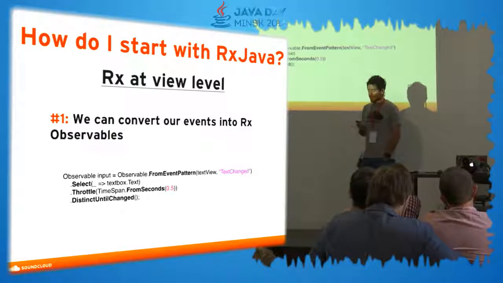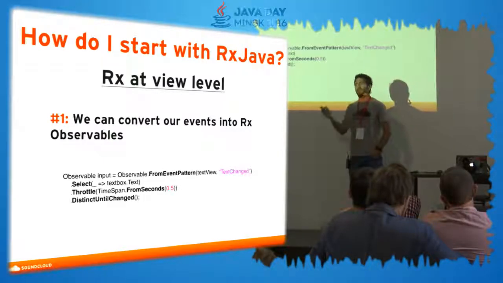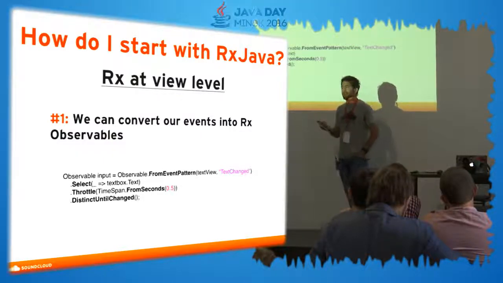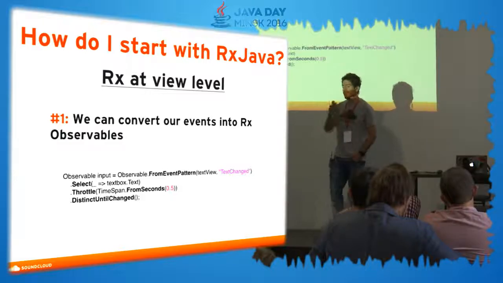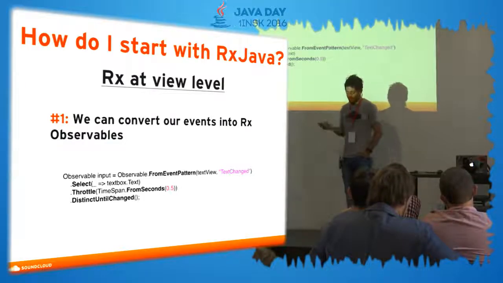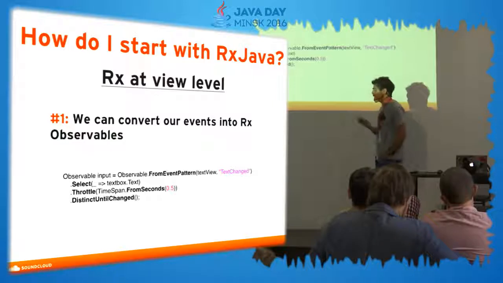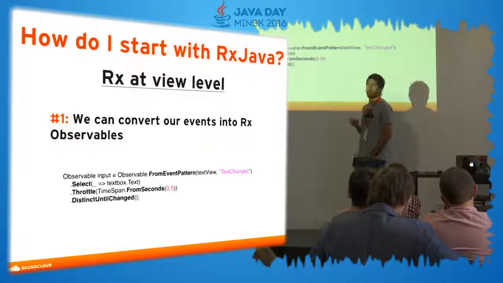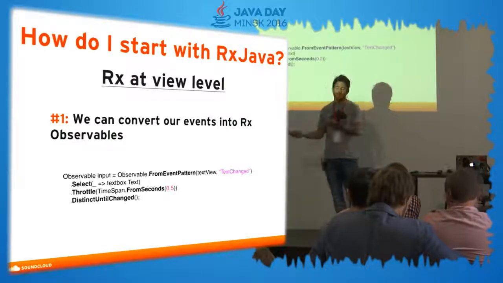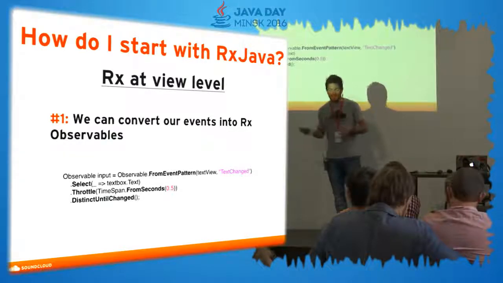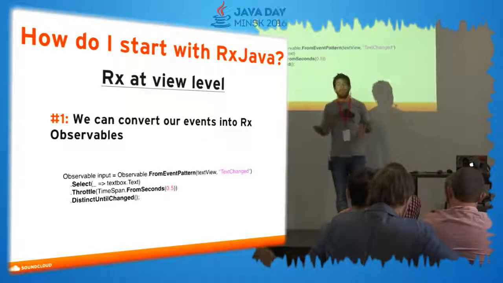Basically, on Android, you can convert your listeners, for example your on-click listeners, rather than creating an anonymous class or extending some kind of listener, into observables. So you have a subscriber, and when the click happens, you will receive an onNext event.